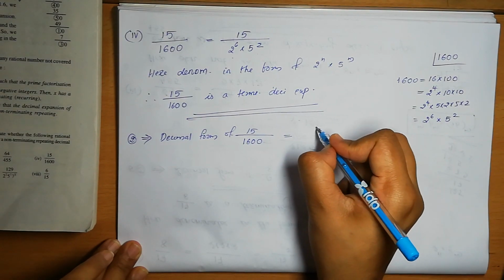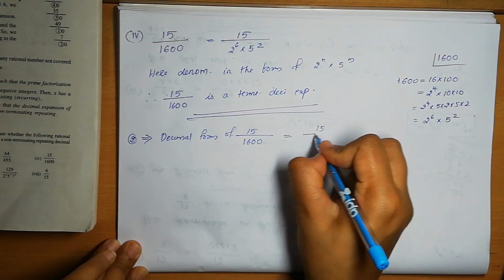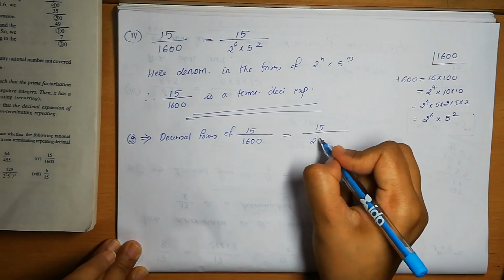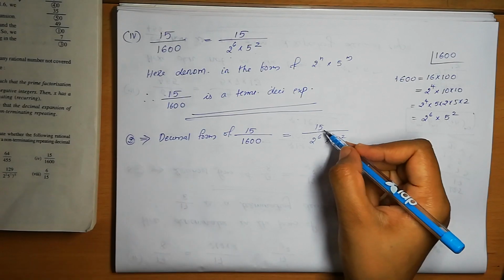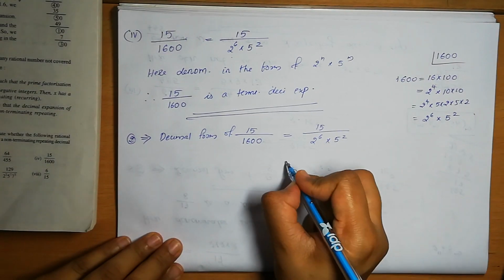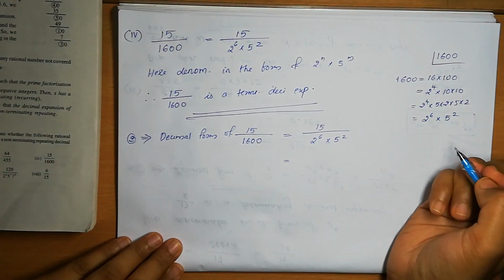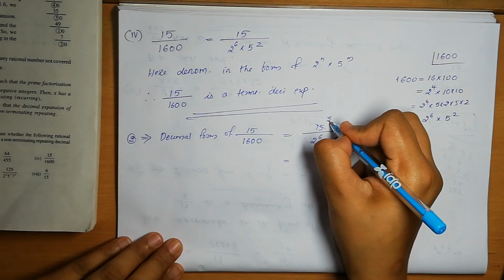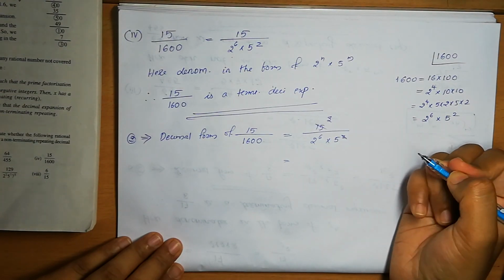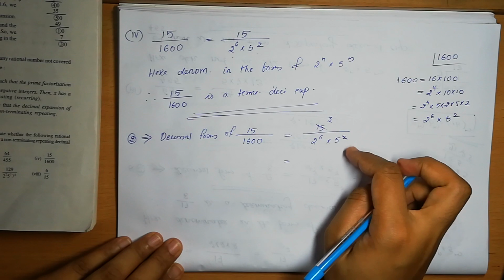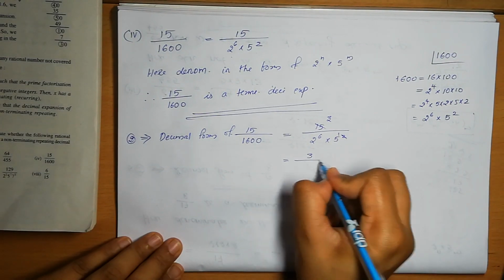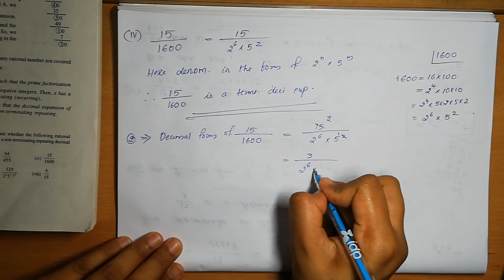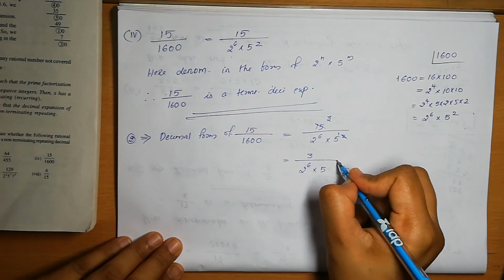So this one we can write as 15 divided by 2 power 6 into 5 square. This 15 we can write as 5 into 3 also, right? So from here one 5 gets cancelled. 5 3s are 15. Here one 5 cancels. So this is 5 into 5. One 5 cancels. So 5 power 1 only, right? So this one we can write as 3 divided by 2 power 6 into 5.